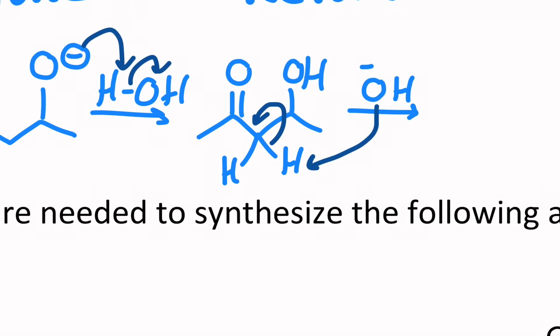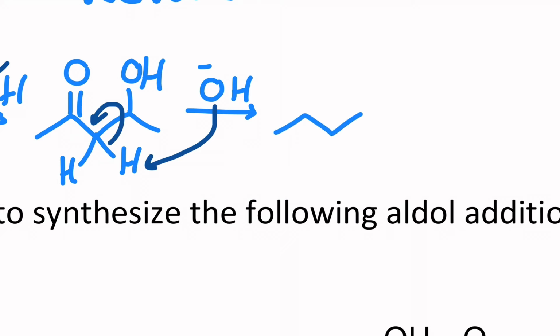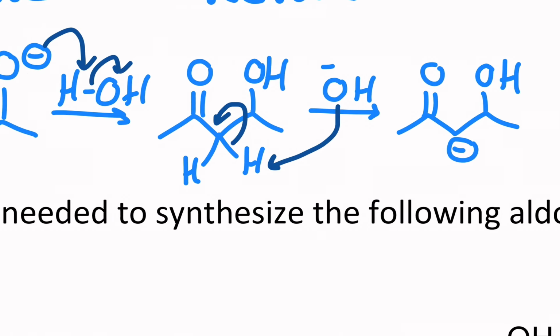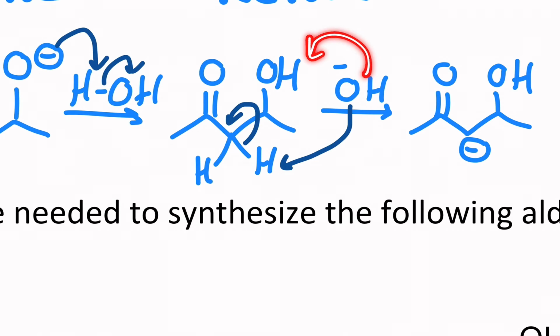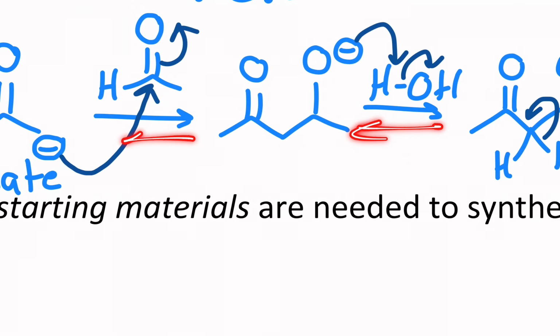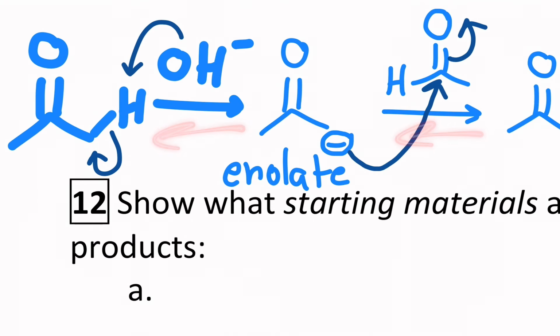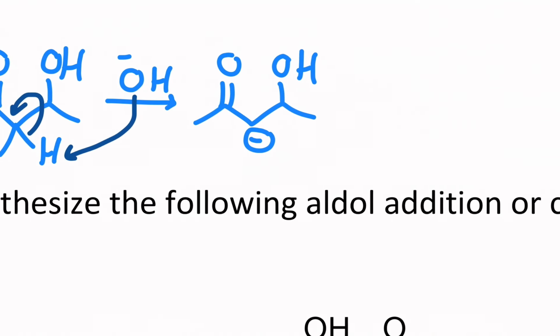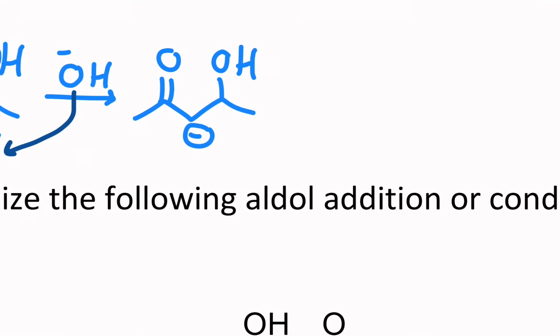You form another enolate. It's all about the enolate in this unit. You might wonder, why doesn't this just deprotonate that hydroxide? Well, it does. That actually gets you back to where we were, which is really an indication that almost all of these steps are highly reversible. The aldol mechanism has a lot of reversibility to it, but it's going to funnel into a very substituted product.